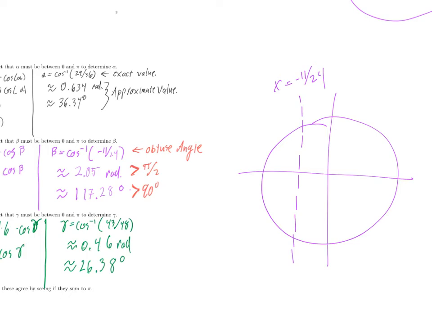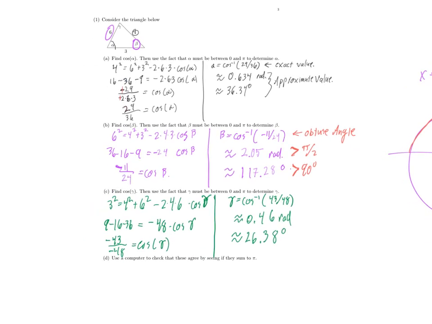Remember, the range of inverse cosine is that bit of the unit circle, angles between 0 and pi. So it looks like this angle must be that. Yeah, that angle is obtuse. It's bigger than 90 degrees.